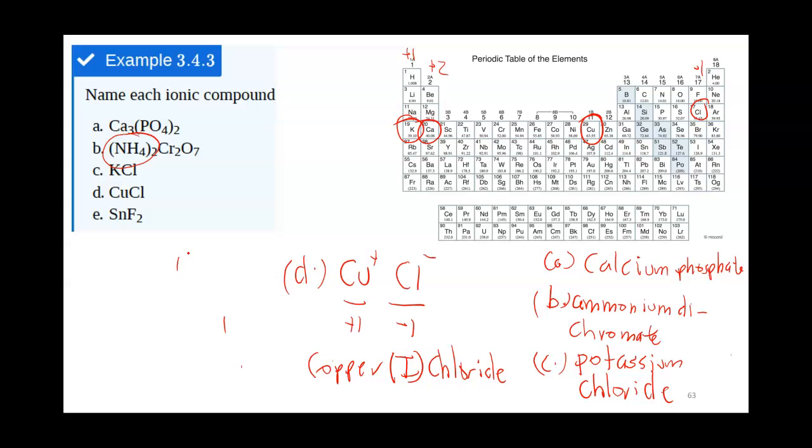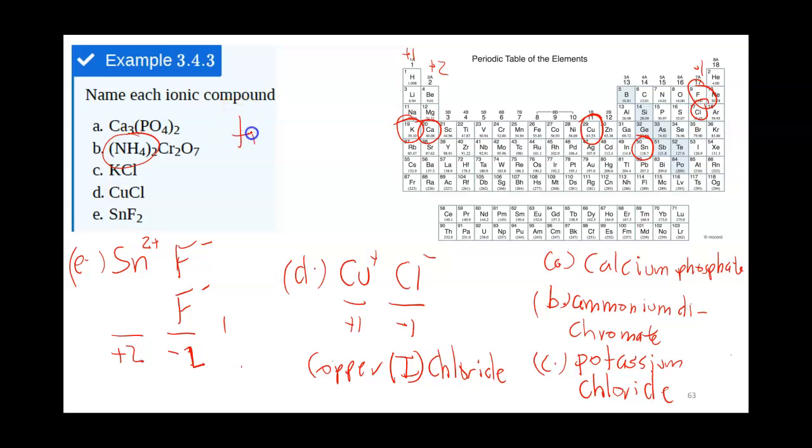Now we're getting in a groove. Our next one is involving tin, and tin is not one of our fixed charge cations, so we're going to have to figure out its charge. Now we have two fluorines, and they're both in the -1 column, so it gives a total charge of -2, and that must mean that the tin is +2.